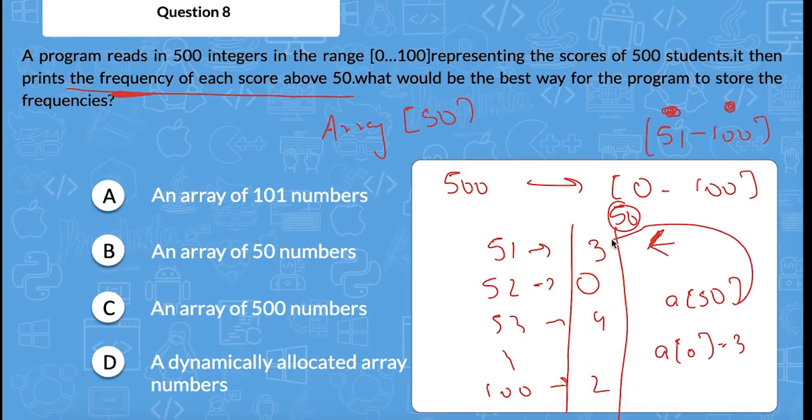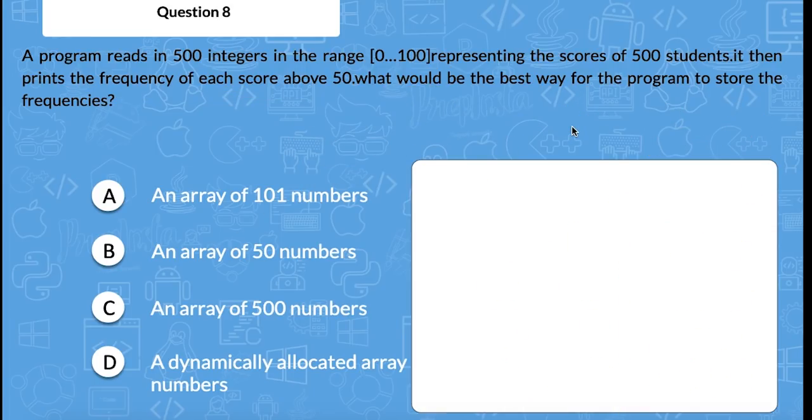A1 will have 0, because 0 people have got 52, and then finally the last element will have 2, because 2 people have gotten 100. In fact, this is the answer, so an array of 50. In that case, option B would be the correct answer here.